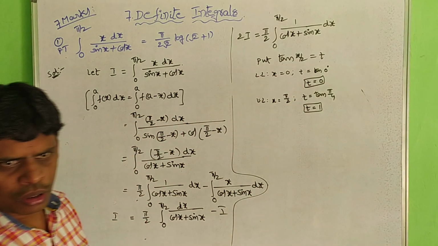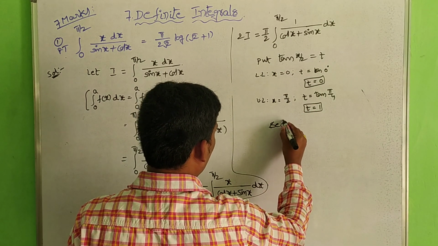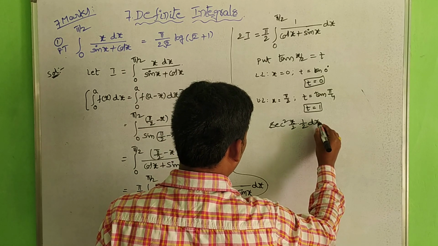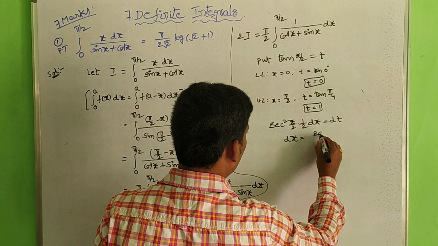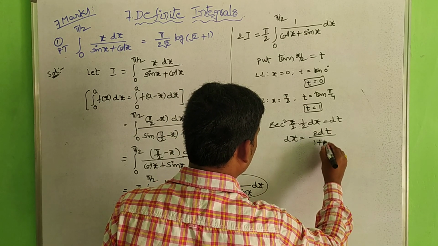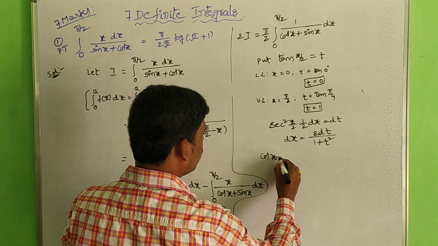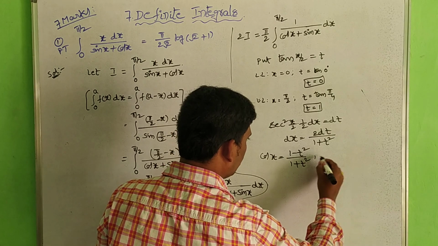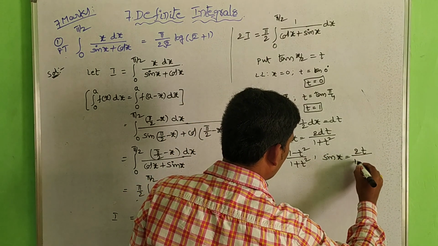Therefore t = 1. Since tan(x/2) = t, differentiating gives sec²(x/2) times 1/2 dx = dt, so dx = 2 dt/(1 + t²). Also cos x = (1 − t²)/(1 + t²) and sin x = 2t/(1 + t²).